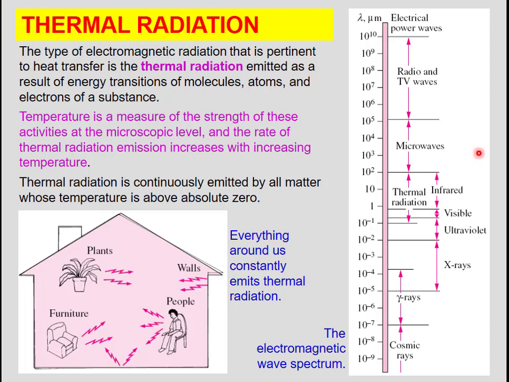What you can see here on the right side of the slide is the electromagnetic wave spectrum. It is a very important figure to understand which type of electromagnetic wave is our wave, which we are interested to know more about. As you may know, sunlight or visible light is only a portion of this electromagnetic wave spectrum.